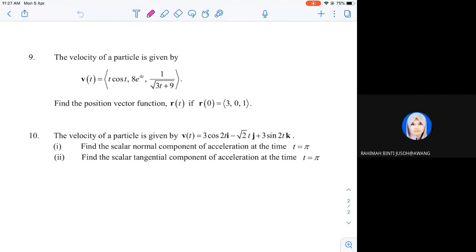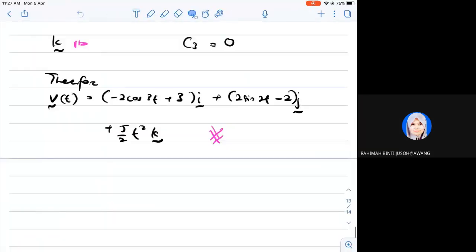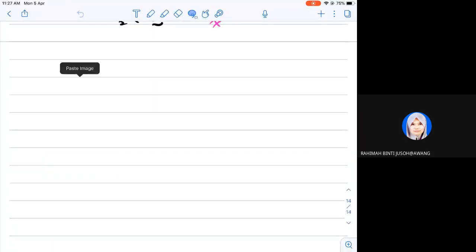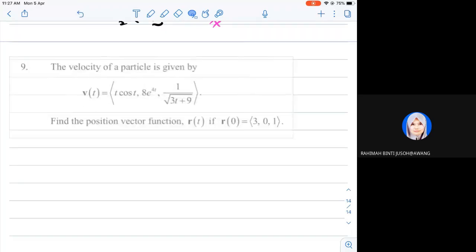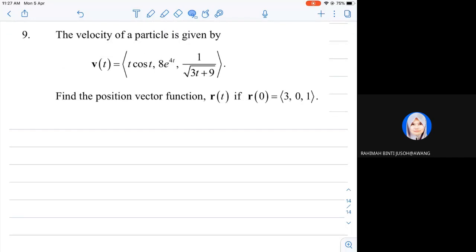Integrate. Integrate kan? Dia nak apa? Dia nak find the position vector. So, you kena integrate lah. Lagi sekali, jom kita solve soalan ni. Okay, so now nak cari R(t).